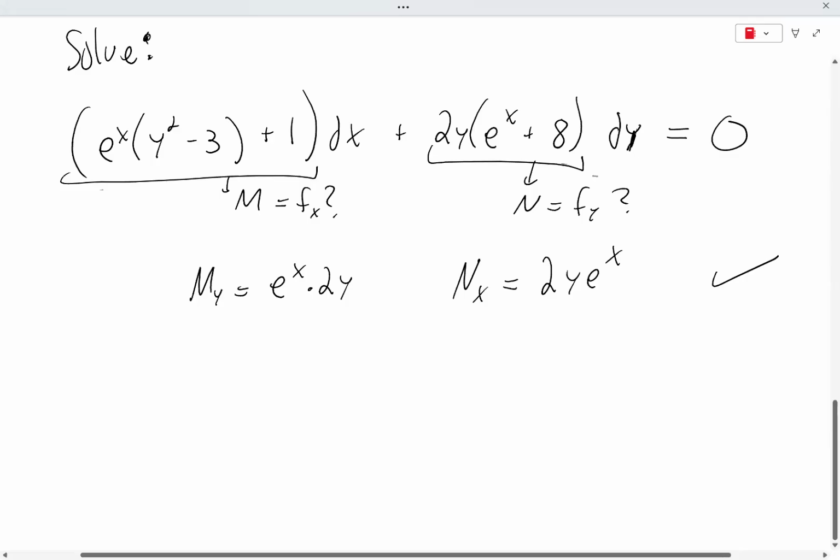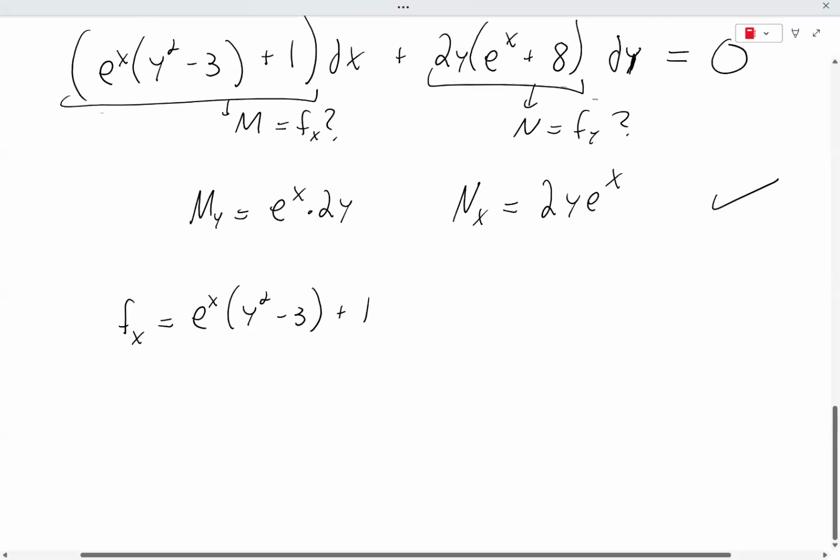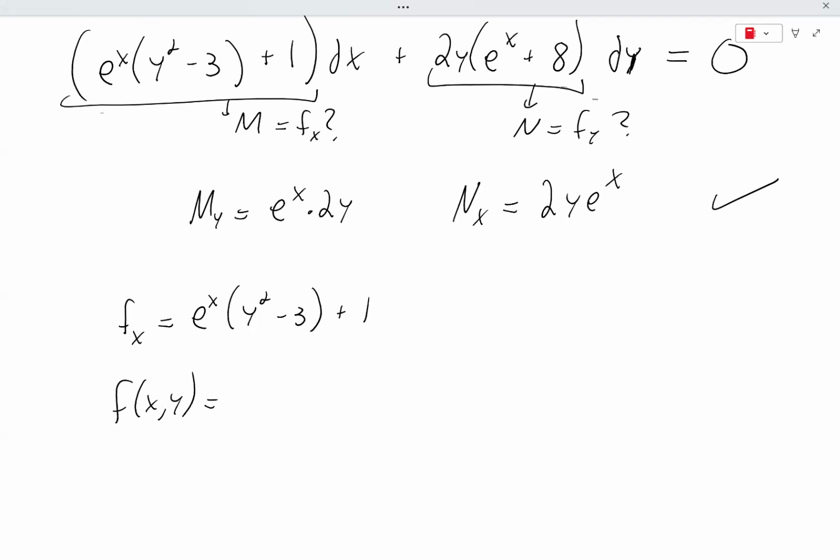And so f sub x, that's this up here: e to the x times y squared minus 3 plus 1. So f of x y. If I do this one first and integrate with respect to x, you treat y like a constant.